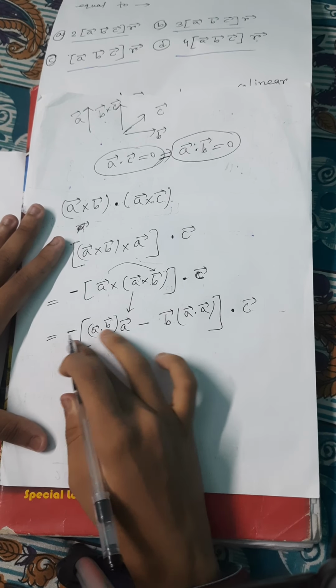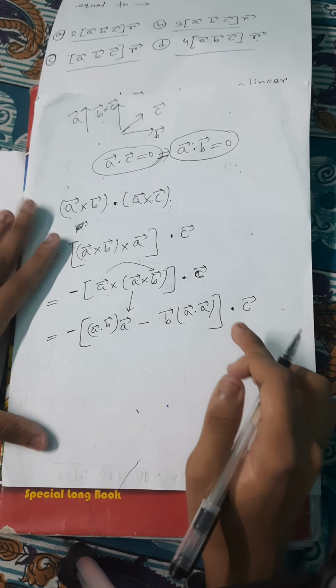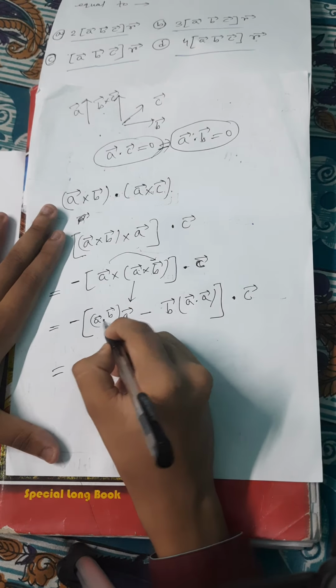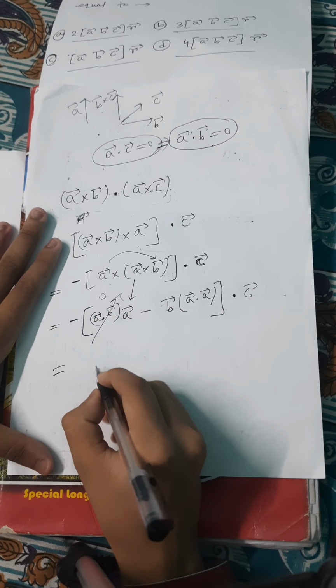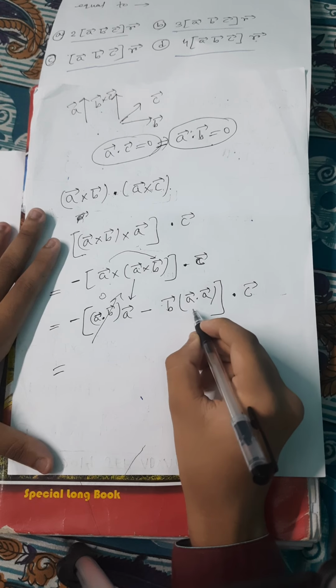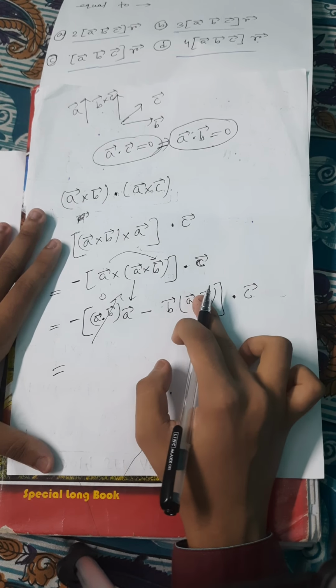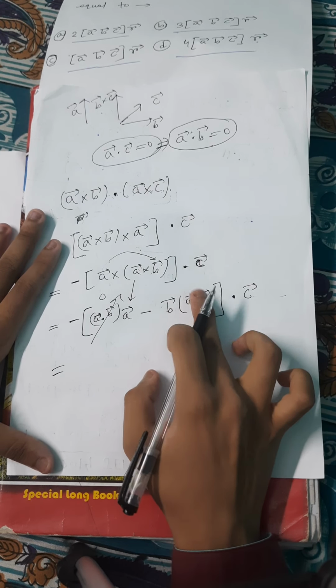So this total will give a vector, then we dot with another vector, we will get a scalar and our answer will be correct. See, a dot b is 0 by this, so this will vanish. So plus, and this is just a scalar, a dot a means you are taking dot product with itself. So dot product means a scalar.